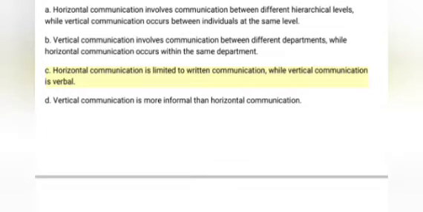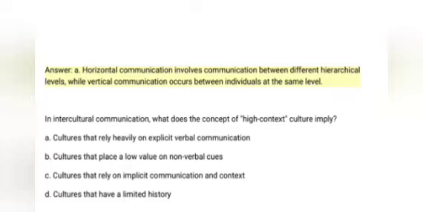C. Horizontal communication is limited to written communication, while vertical communication is verbal. D. Vertical communication is more informal than horizontal communication. Answer: A. Horizontal communication involves communication between different hierarchical levels, while vertical communication occurs between individuals at the same level.